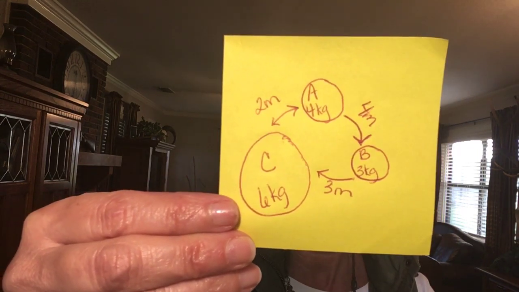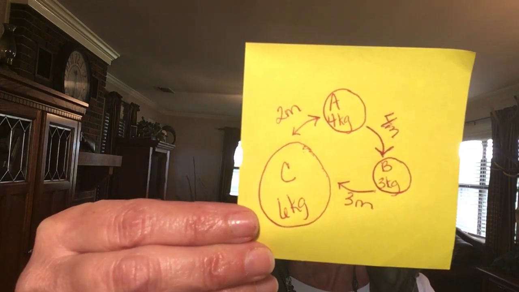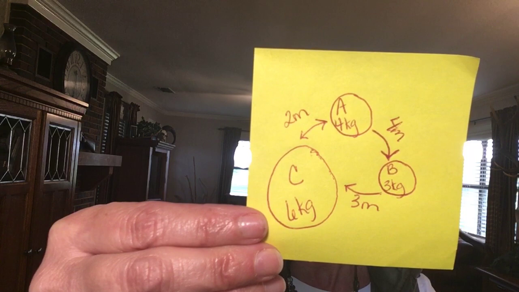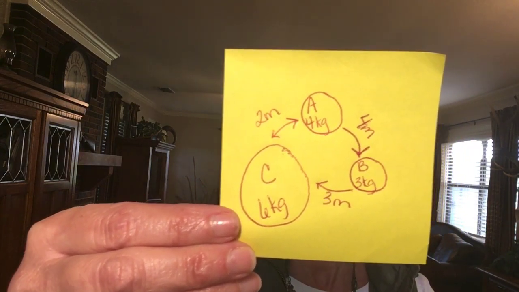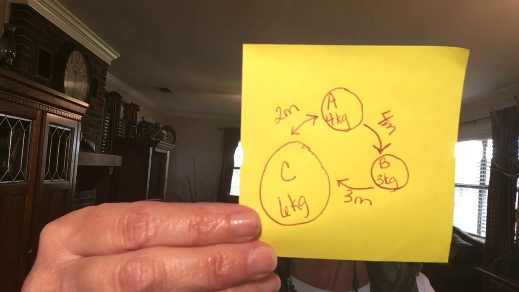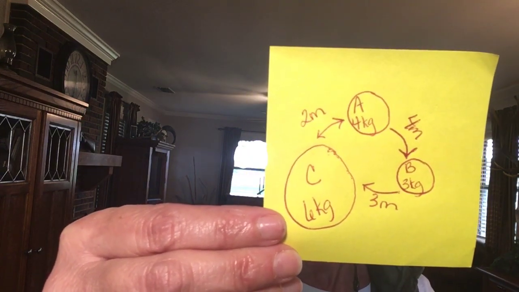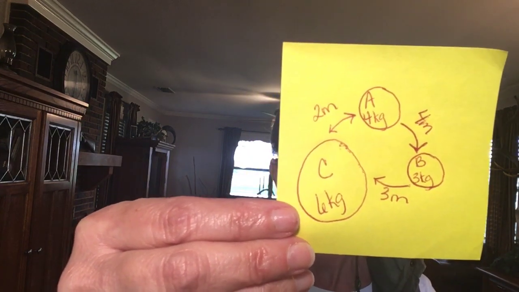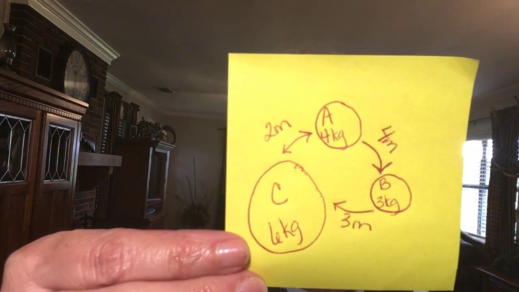And then it tells you that object A and B are 4 meters apart, object B and C are 3 meters apart, and object A is only 2 meters from object C. So they have a less distance, A and C, so their gravitational force is going to be more. So you're looking for things that are going to increase the mass and decrease the distance for gravitational forces on number 14.